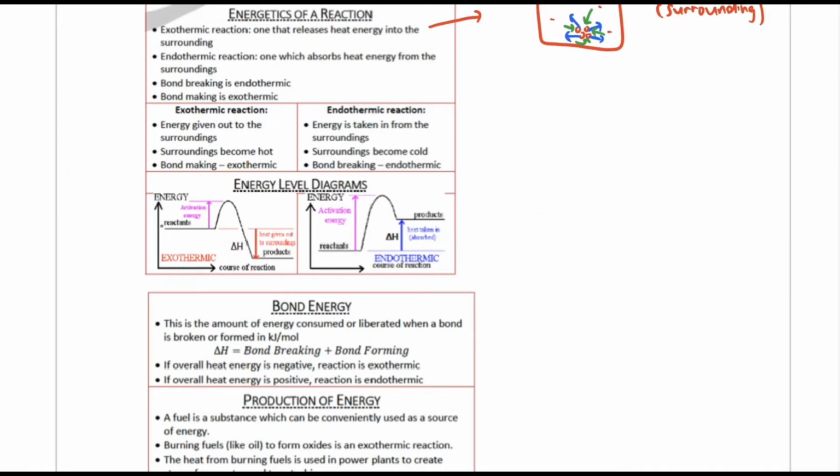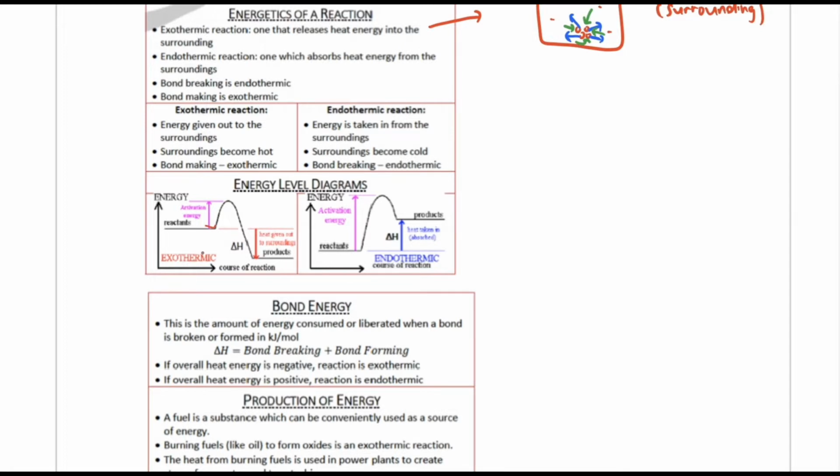The reactants, you put them together, then they get activation energy. When it has activation energy, then it starts to react, and then forms products.